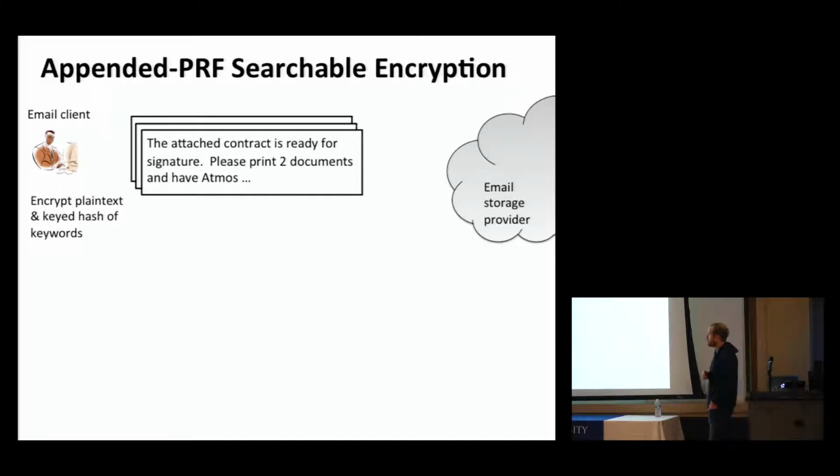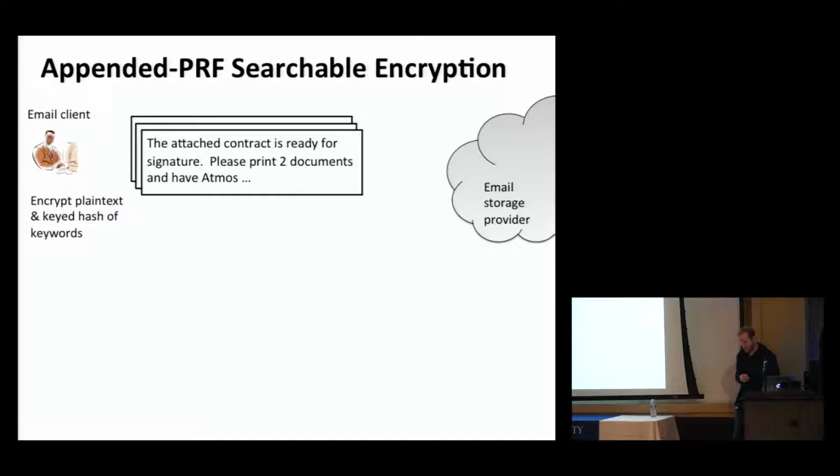OK, so we saw some very interesting and clever searchable encryption mechanisms earlier. I'm going to start actually with something that's used quite widely in practice and is much simpler. And this is what I'll call the Appended-PRF searchable encryption scheme. So the idea is that on the client side, you're going to first take your document and extract from it the keywords that you want to be able to search for later.